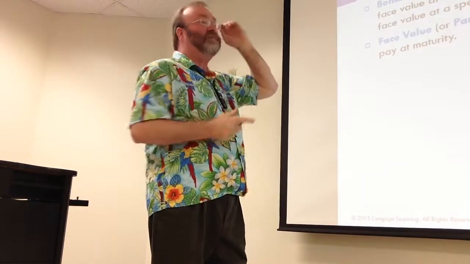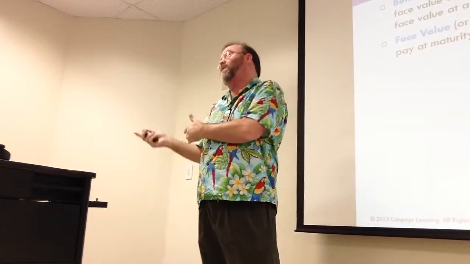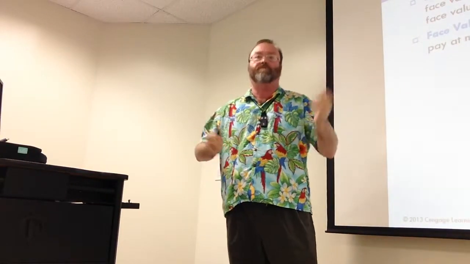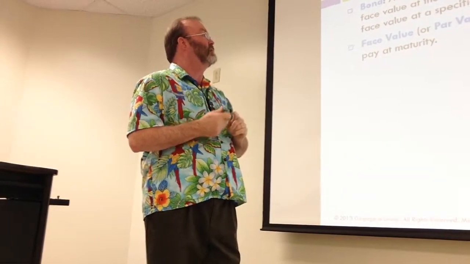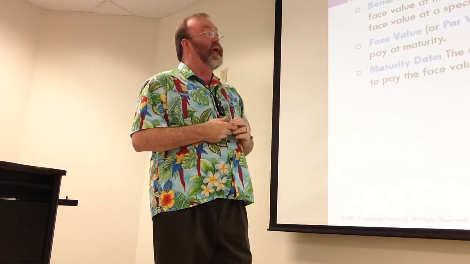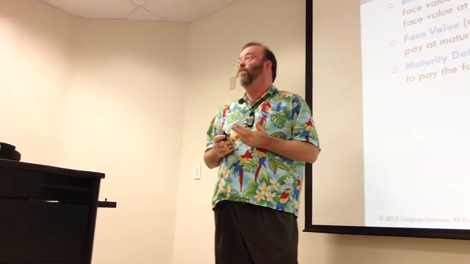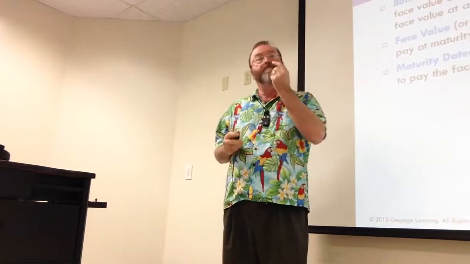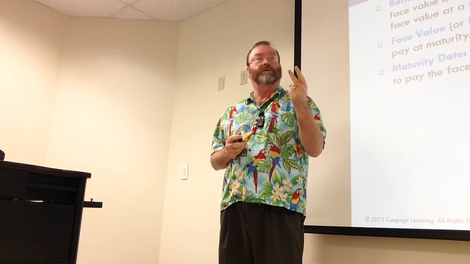But it has a face value. Normally they're in maybe $10,000 increments, something along those lines. Maybe $1,000 to $10,000. That's the par value. At some point in time, they're going to mature, which is important because bonds have two cash flow streams.